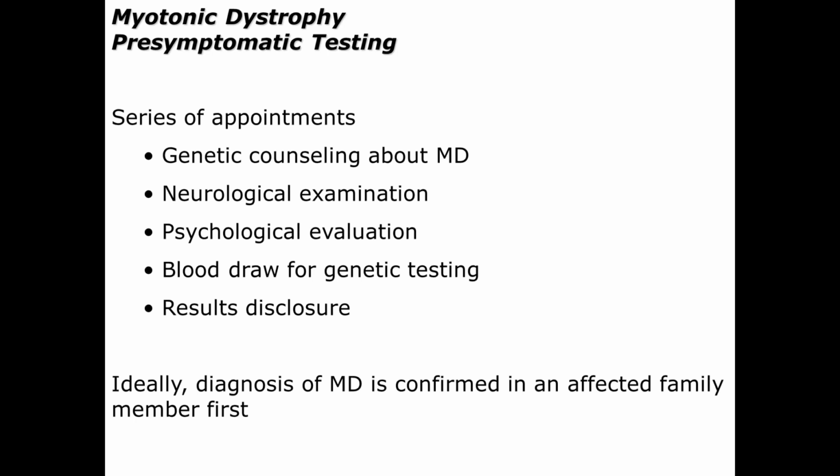But what is not protected is life insurance, long-term care insurance, disability insurance, things like that. So if someone were to get genetic testing and come back positive for myotonic dystrophy, and then they go and apply for life insurance, there's a good chance they're going to get denied, or at the very least have to pay a lot more money to get coverage.